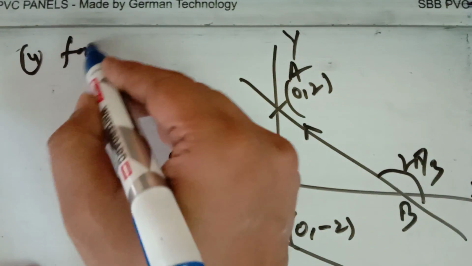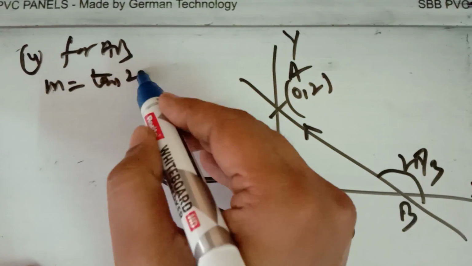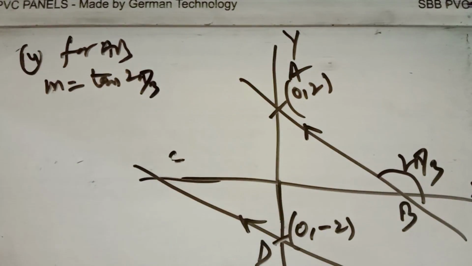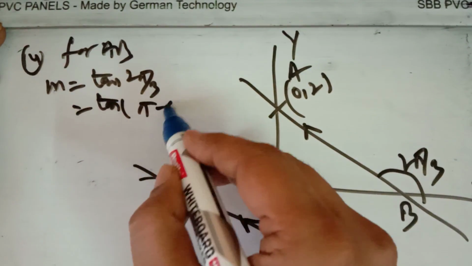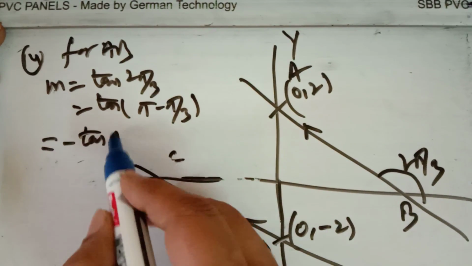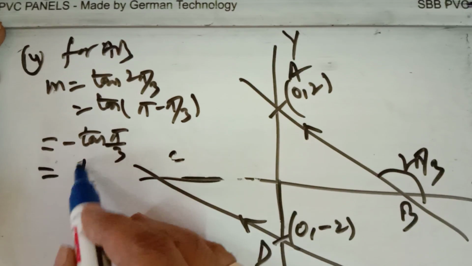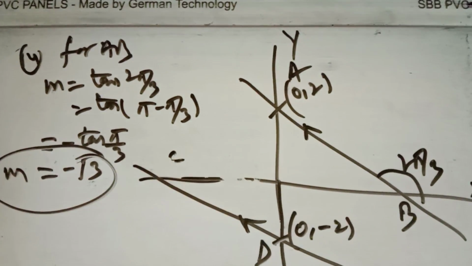So for AB, the slope will be tan theta, that is tan 2 pi by 3, which is 120 degrees, or 180 minus pi by 3. In the second quadrant tan is negative, so it is minus tan pi by 3, that is minus root 3, the slope of the line AB.